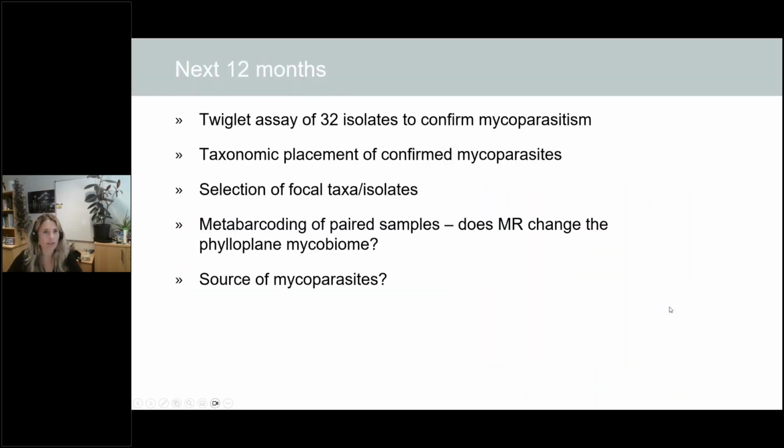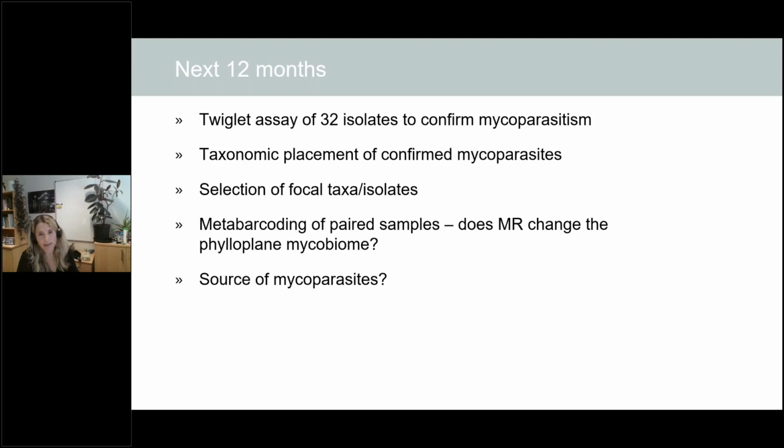So what's she going to do? She's currently undertaking the twiglet assay to confirm whether or not they are mycoparasites, and that will involve some microscopic examination of the infection pustules, the taxonomic placement of the confirmed mycoparasites, and then selection of focal taxa to work on for her PhD.